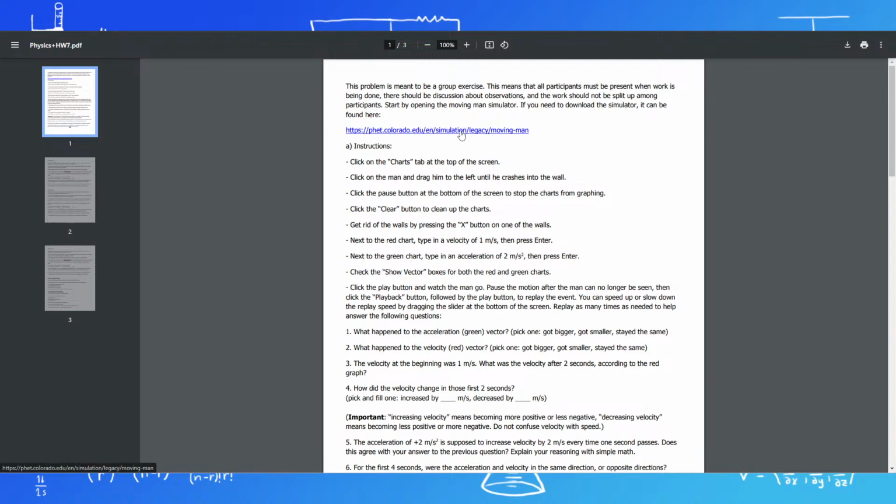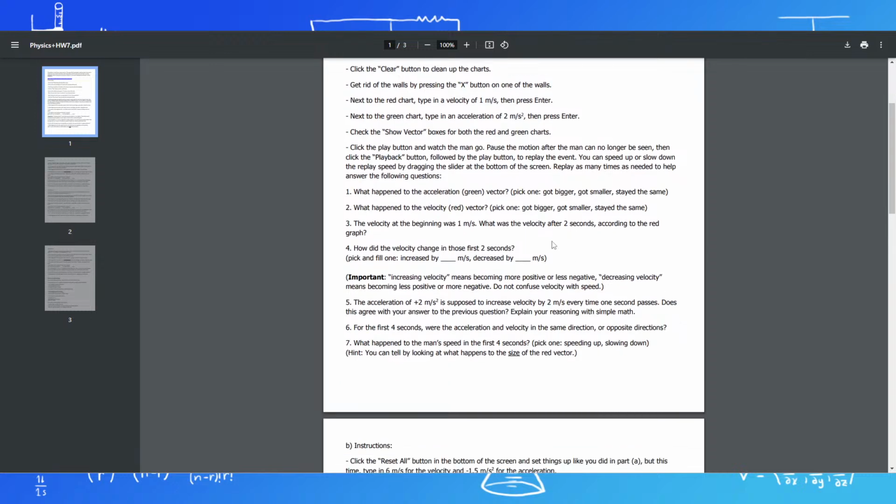You can open this link. It's the moving man simulation. In case they change the link or anything like that in the future, if you're watching this a couple years from now, just type PHET simulation moving man and Google should be able to find it for you.